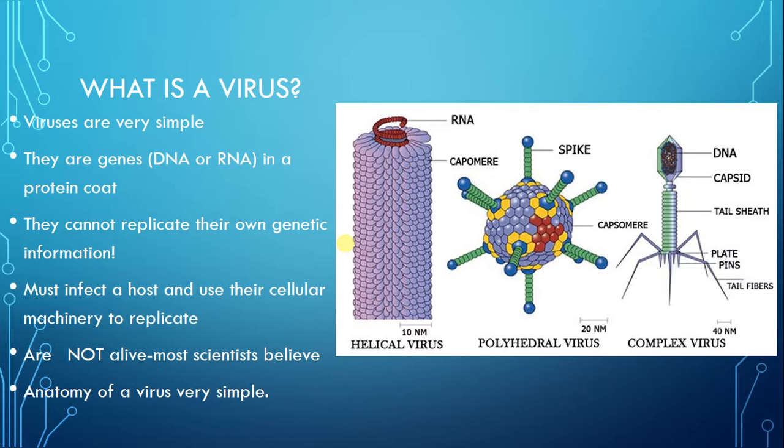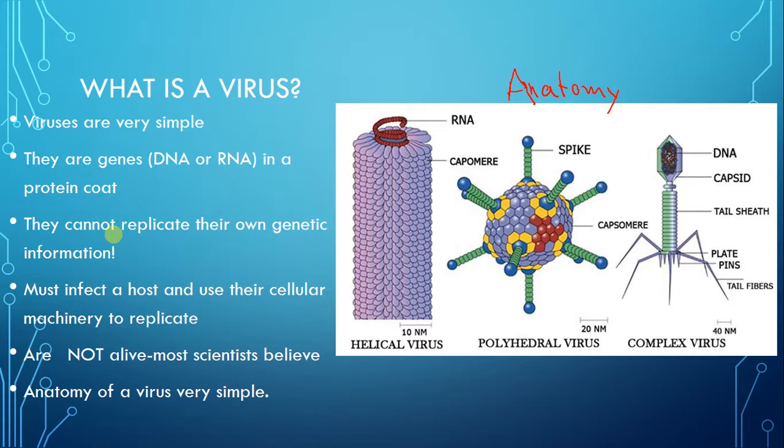And they have several important features that we'll look over here, kind of the anatomy of a virus. But the most important thing is that they can't replicate on their own. They are non-replicating compounds. And so what they do is they infect a host, like an animal or a plant.